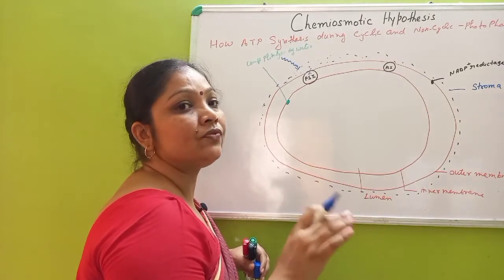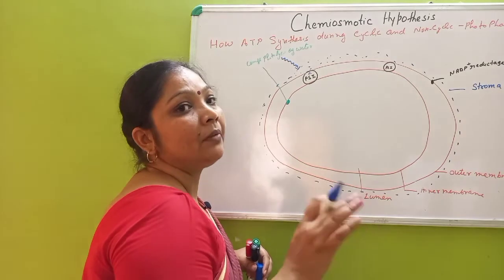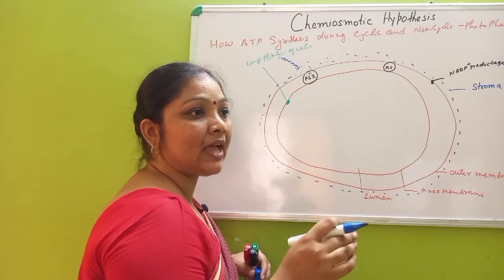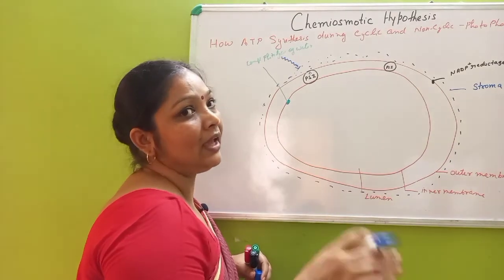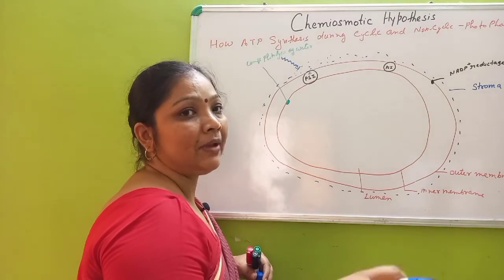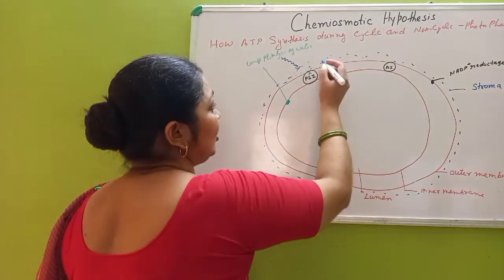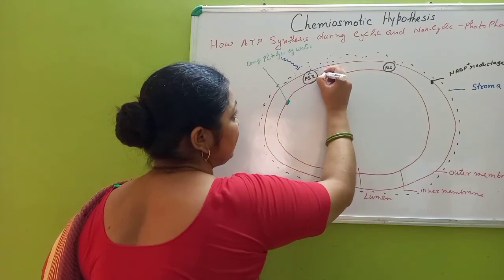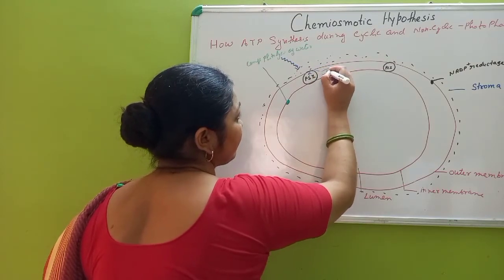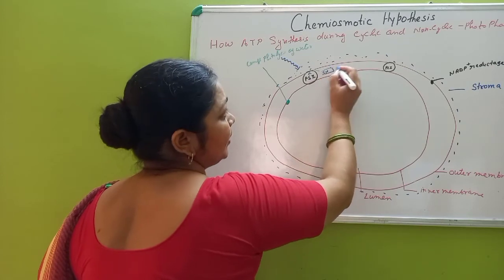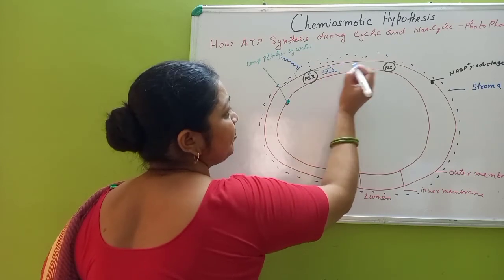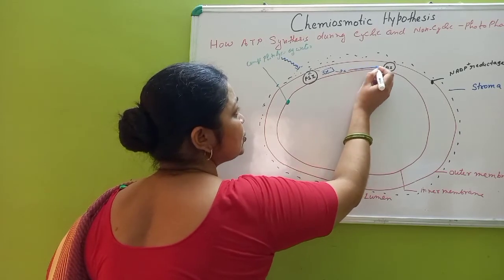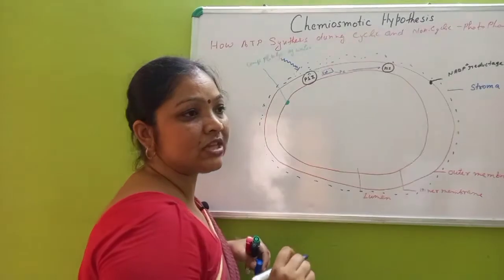and there it was first accepted by plastoquinone, then it was accepted by the cytochrome complex, and then it passes to plastocyanin. So I am not making the whole process, but I am showing that it is accepted by cytochrome, and then it is passed to PC, and from plastocyanin it is passed to photosystem 1.